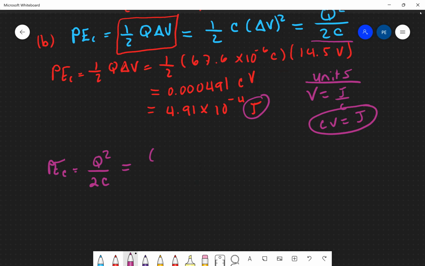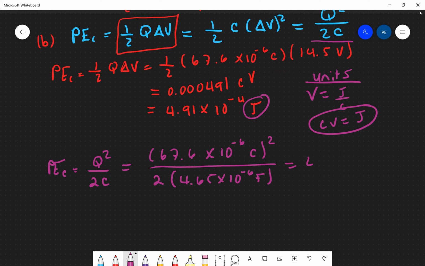We get 67.6 times 10 to the negative 6 coulombs, quantity squared, divided by 2 times the capacitance, which is 4.65 times 10 to the negative 6 farads. This also gives me 4.91 times 10 to the negative 4.